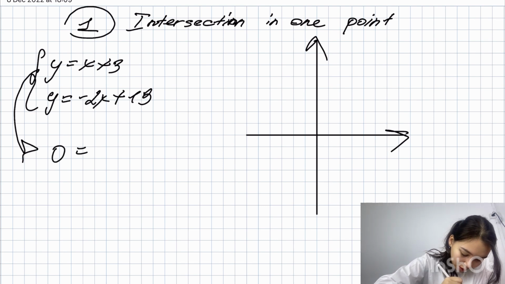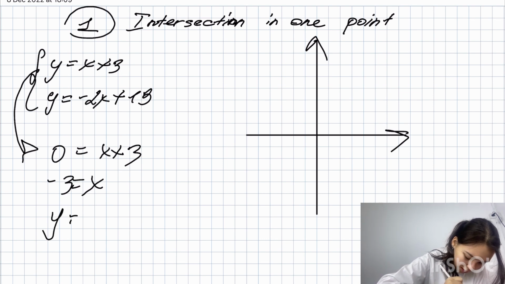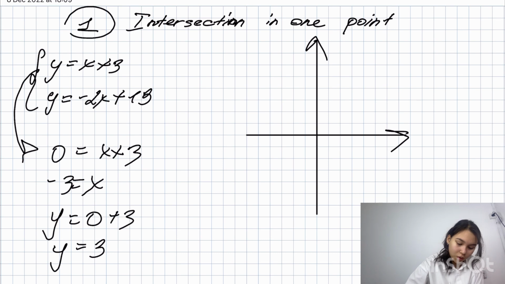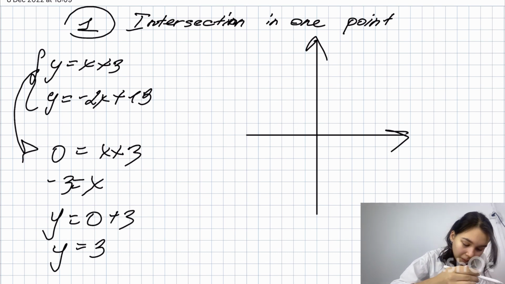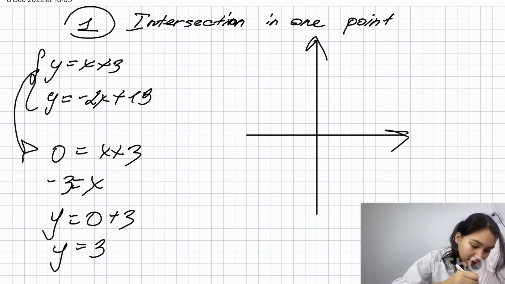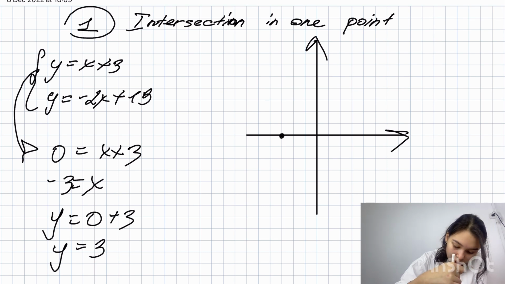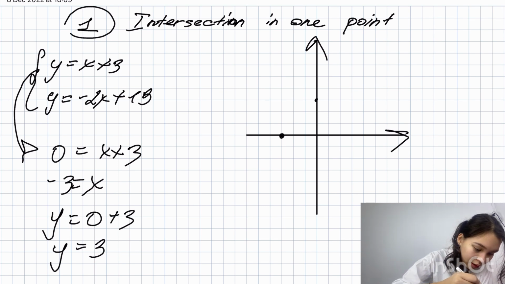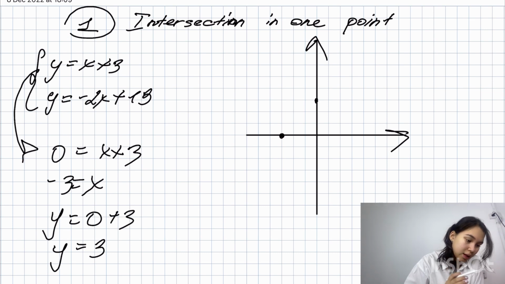So 0 is equal to x plus 3, so x is equal to minus 3. Then y is equal to 0 plus 3, so y is equal to 3. Let's draw it. I forgot to tell you something, I will explain now. x is equal to minus 3 when y is equal to 0, and y is equal to 3 when x is equal to 0.